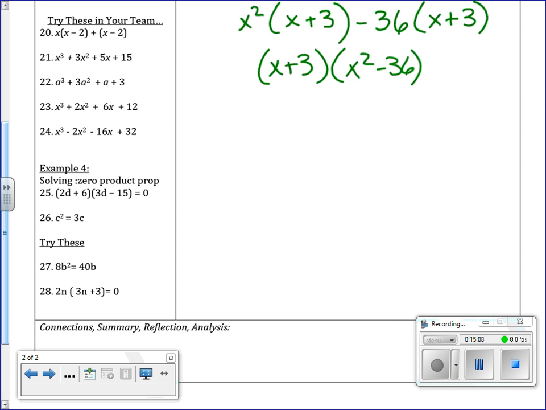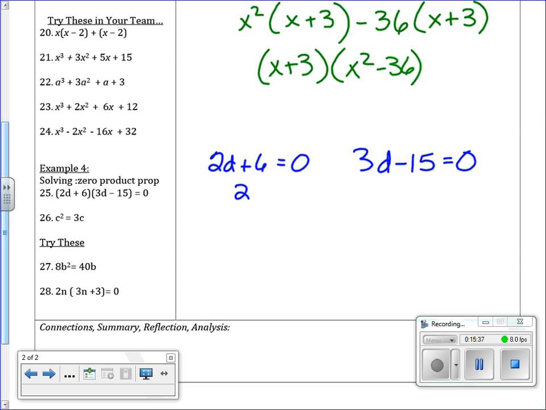Well, that holds true, but what we're doing with this now is we're saying, okay, either 2d plus 6 equals 0 or 3d minus 15 equals 0. We are trying to find the zeros of this problem, our x-intercepts. Remember those that we had a hard time with before?